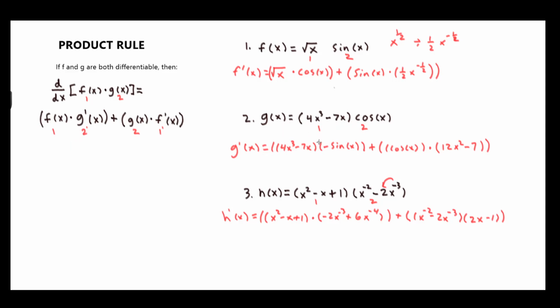Annotate what your first function is, and then annotate what your second function is, and then just start off by writing your first function without doing anything to it, and then multiplying that by the derivative of your second function, and then just starting the process over. Since you found the derivative of your second function in the first half, now you know that you don't have to do it for the second half. So the second part, you just write your second function and then multiply that by the derivative of your first function.